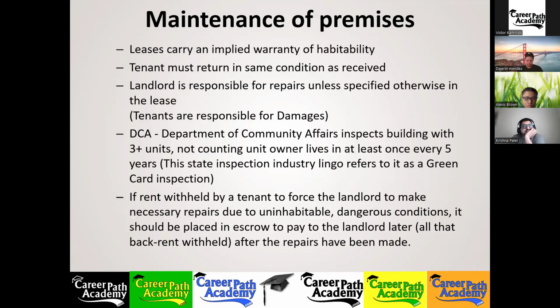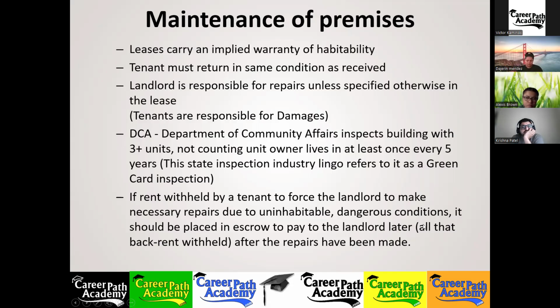If the rent is withheld by a tenant to force the landlord to make necessary repairs because of an uninhabitable or dangerous condition, that money should be placed in an escrow account to pay the landlord later after they've done the repairs. You've got to pay them back all that back rent. You don't just start paying them rent again from the time that they've done the repair.